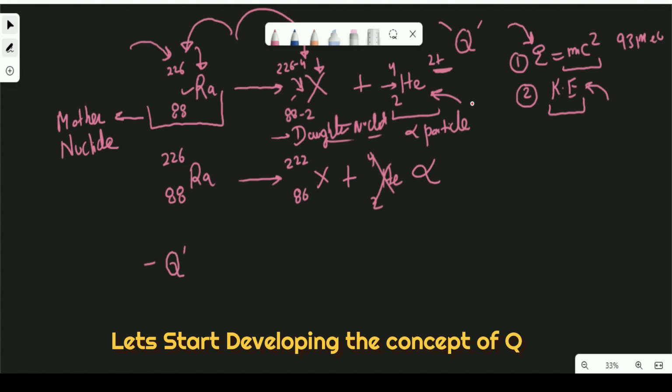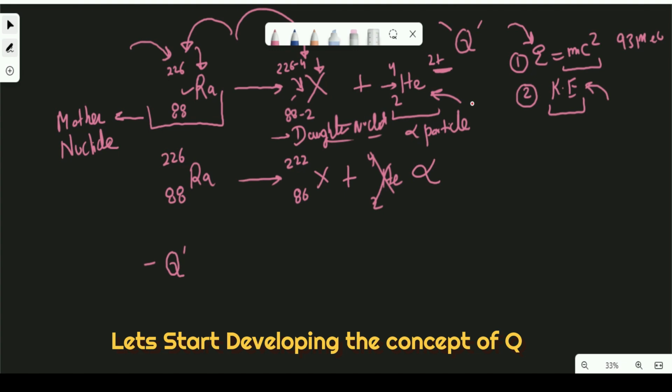What you do is, and then you know that there is a law of conservation of energy. You can have mass getting converted into energy, but you cannot lose energy in a nuclear reaction. It stays conserved.